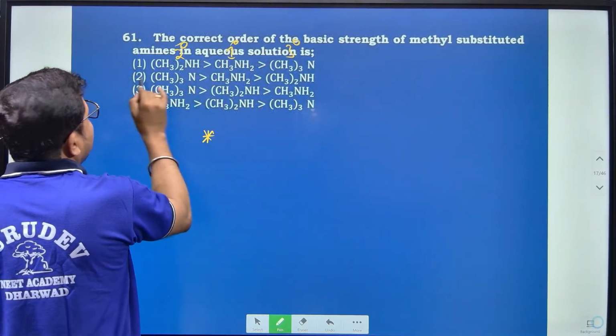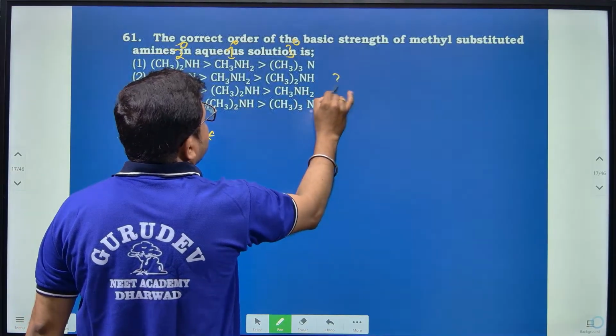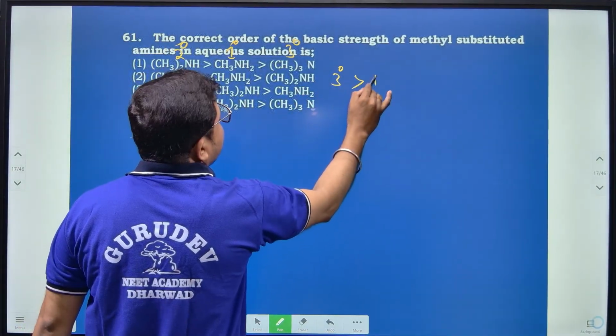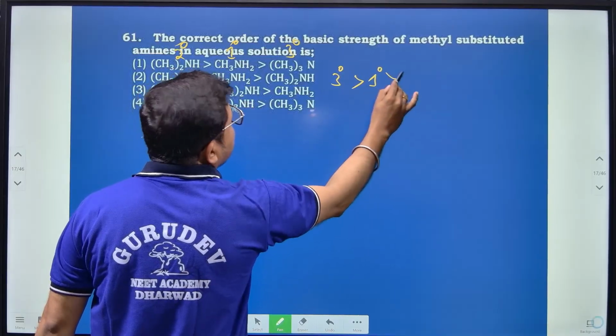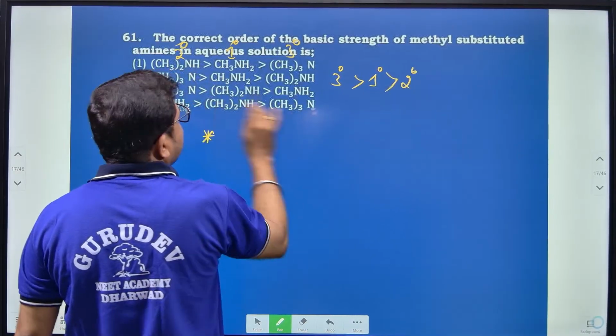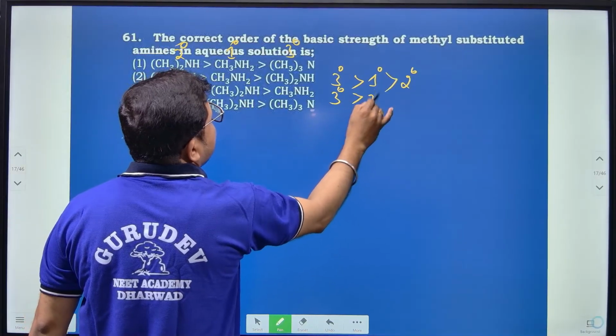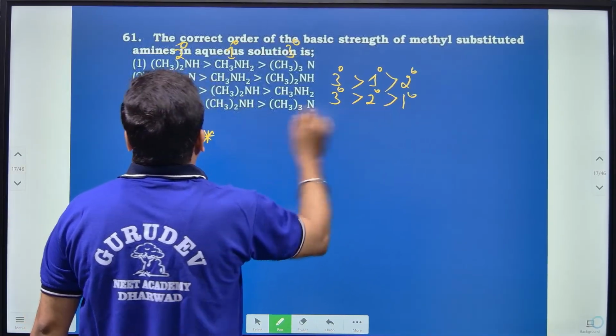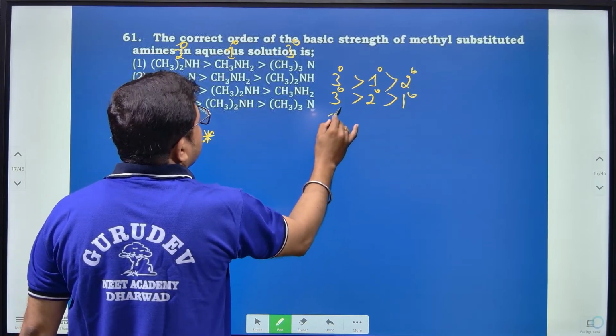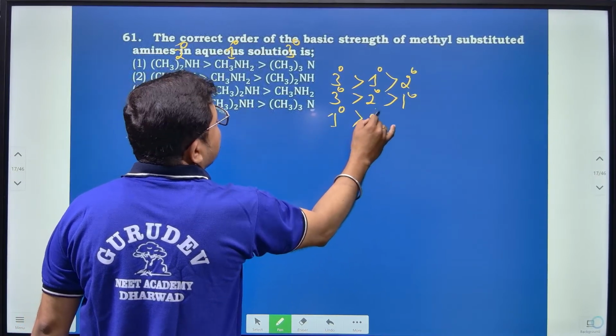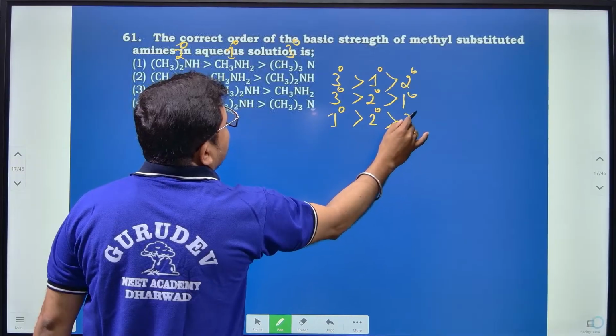In the second option they have given tertiary amine greater than primary amine, greater than secondary amine. In the third option tertiary amine greater than secondary amine, greater than primary amine. And here primary amine greater than secondary amine, greater than tertiary amine.